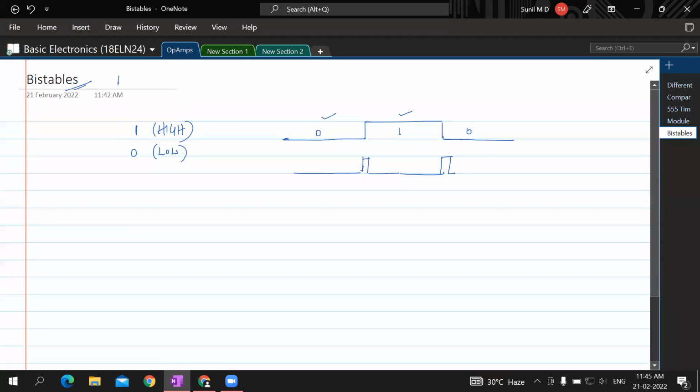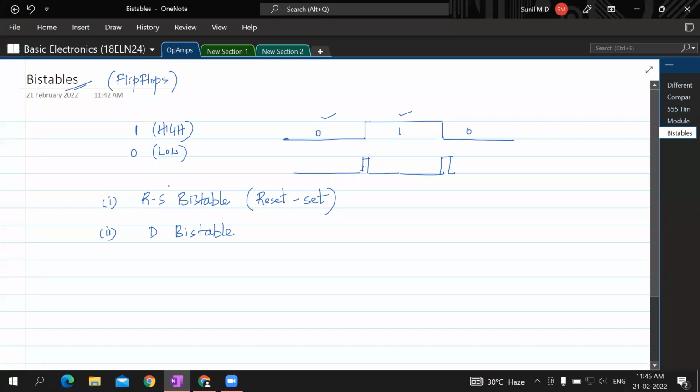Bistables can also be called flip-flops. Understand? So there are three types of bistables. First one is RS bistable. Second one is, let's say, D bistable. When we say RS, it is reset, set.